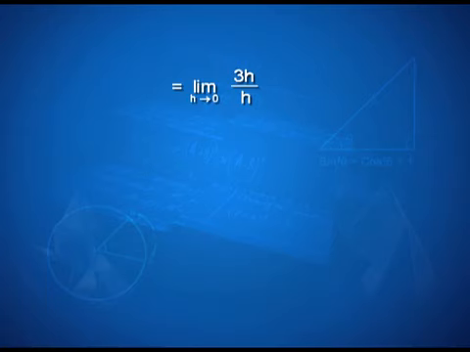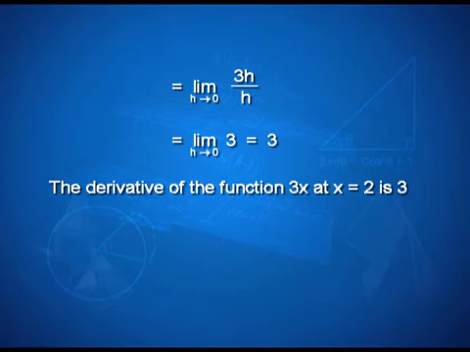That means, it is limit 3 as h tends to 0 is equal to 3. The derivative of the function 3x at x is equal to 2 is 3.